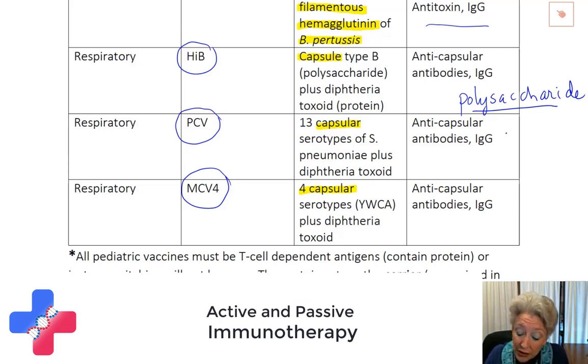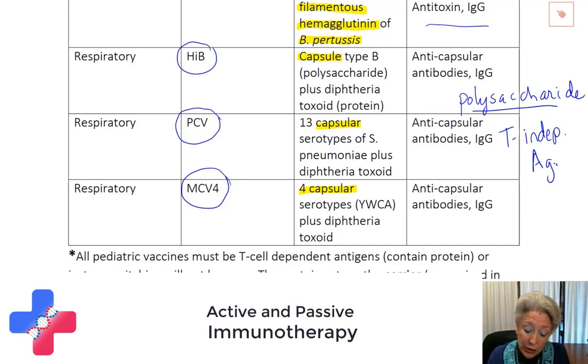And so realize that's a T cell independent antigen. And that means that if I don't do something about that relative to the child's ability to make that response, I'm going to get a very poor response.